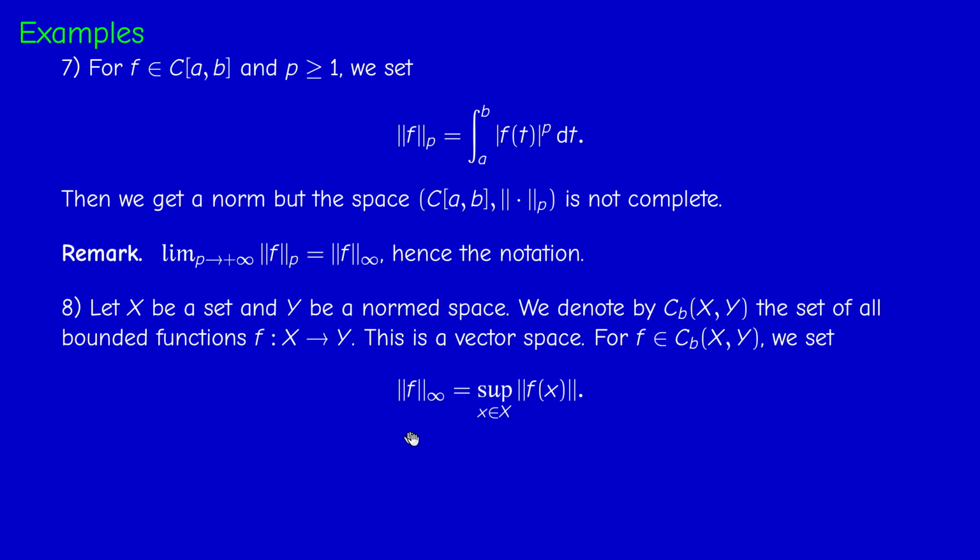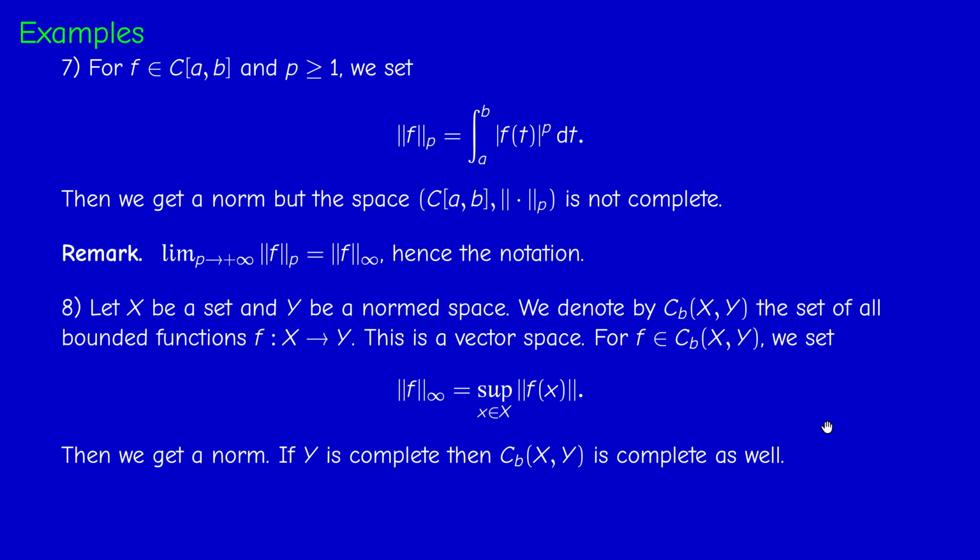Now again we define the infinity norm of f as the supremum of the norm of f(x), which is the norm in Y, because f(x) is an element of Y. So we get a norm, and if Y is complete, then C_b(X,Y) is complete as well.